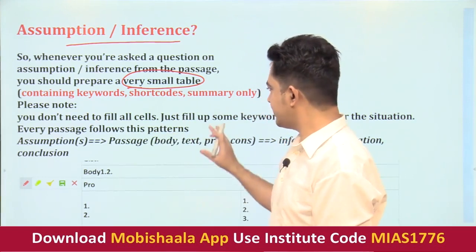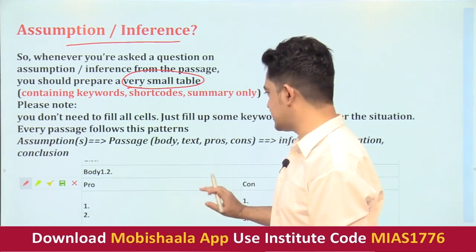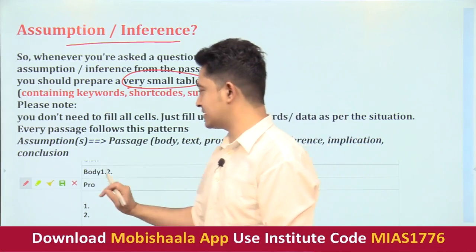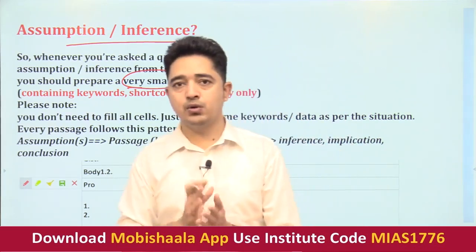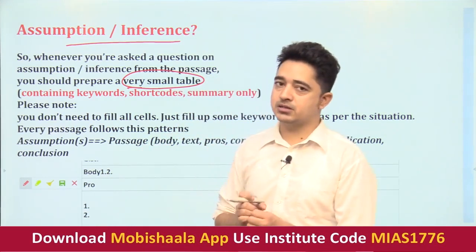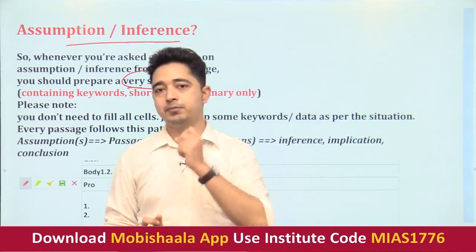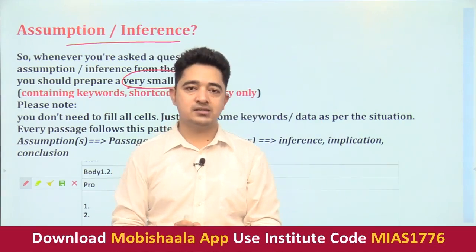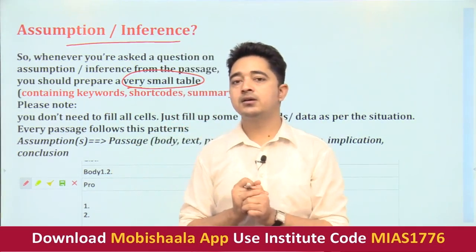First I will tell you how you will solve such passages, and then you need to practice at home. Do not try to solve the passage very quickly; initially you have to understand. See, there are 2 types of persons: one who wants to ride a bicycle or a bike.